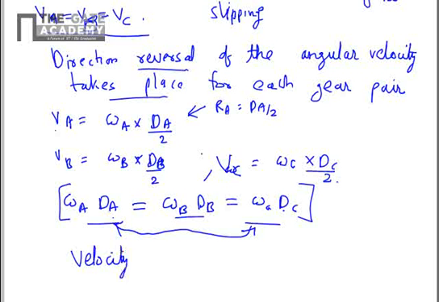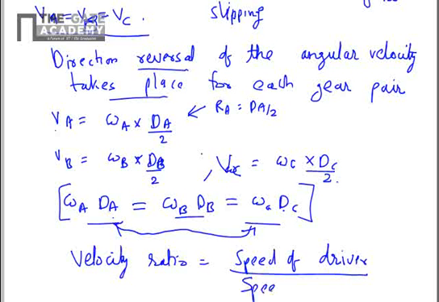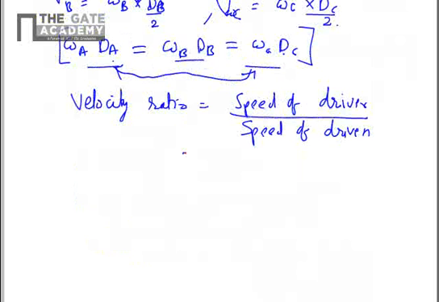Velocity ratio is defined as the speed of driver divided by the speed of driven. You should remember that the driver is at the top and the driven is in the denominator. So the driver here in this case is gear A, so omega A divided by the driven, omega C, the gear C.